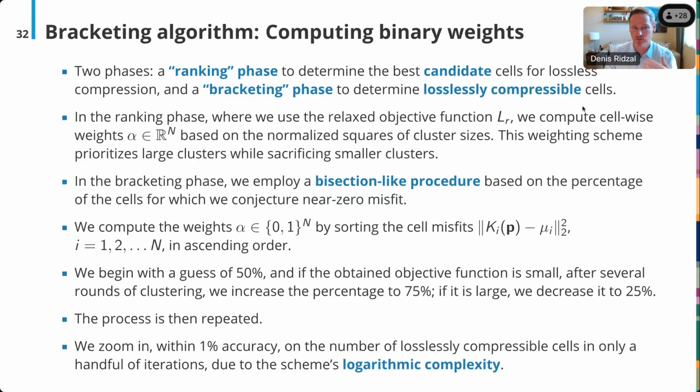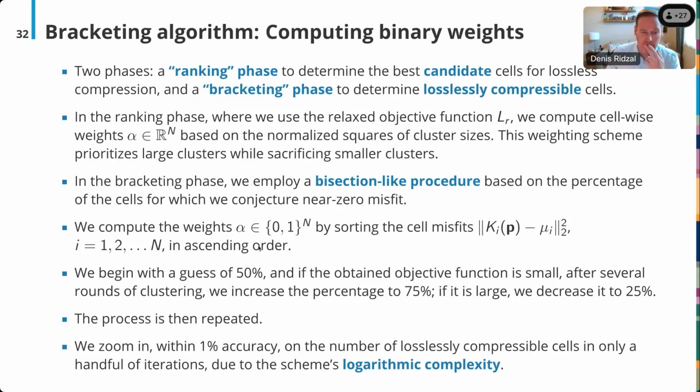So we will solve this super easy optimization problem with weights in R0 plus, and then rank the cells by the misfit that they achieve. After that, we will use a bracketing phase to zoom in on the losslessly compressible cells. And so the key here is that in the bracketing phase, we employ a bisection procedure that's based on the percentage of cells for which we have conjectured near zero misfit.